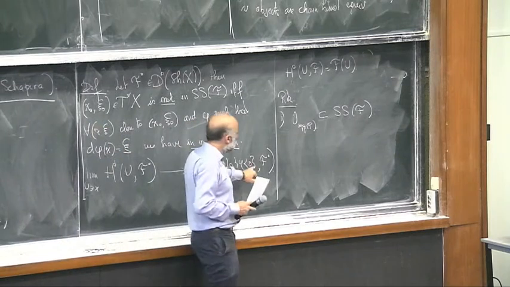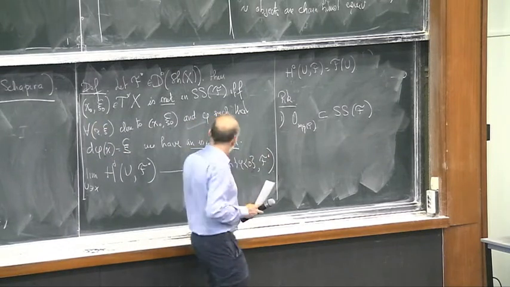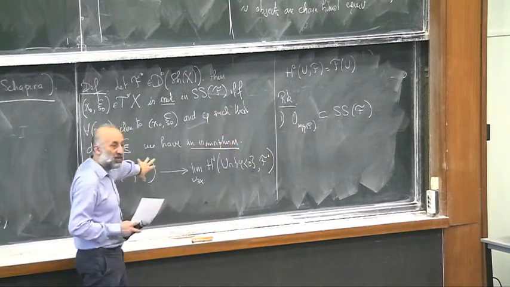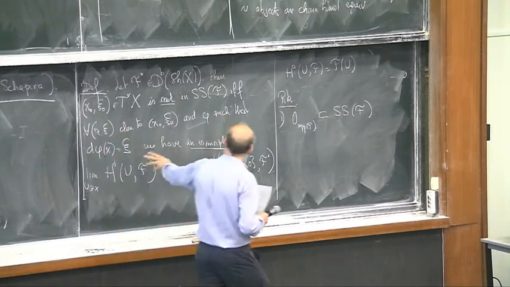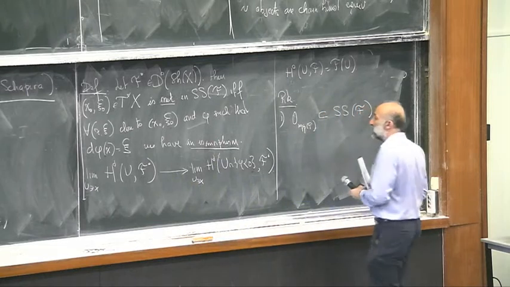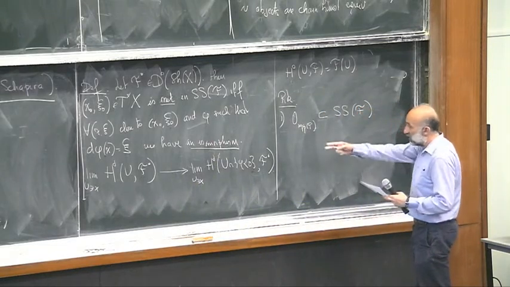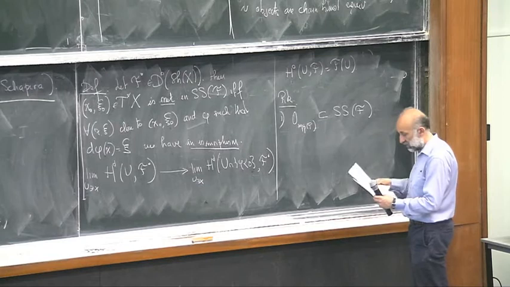Then this set is going to be empty, and so this is 0. And so this implies that F of U should be 0 for any U. So except if you're outside the support, this will always be singular.